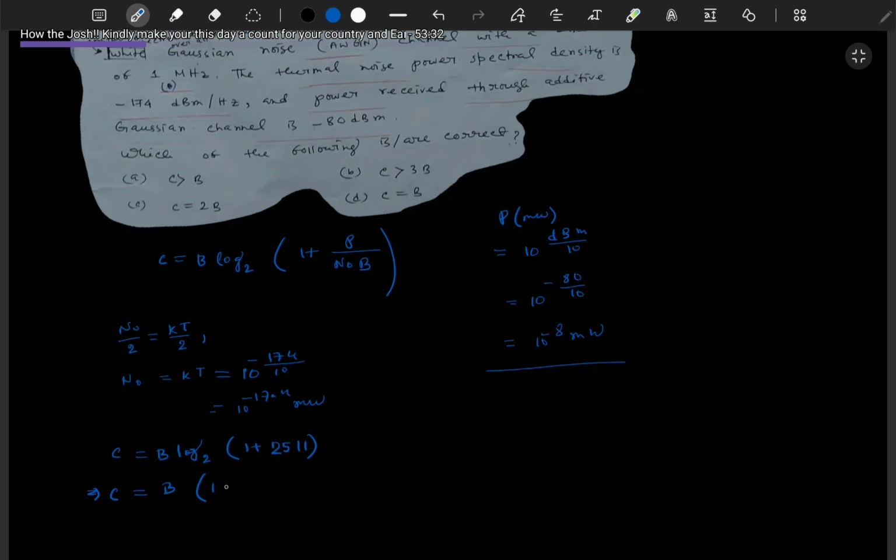Then 1 plus 2511, log base 2. This will become 12B. So how is this coming?